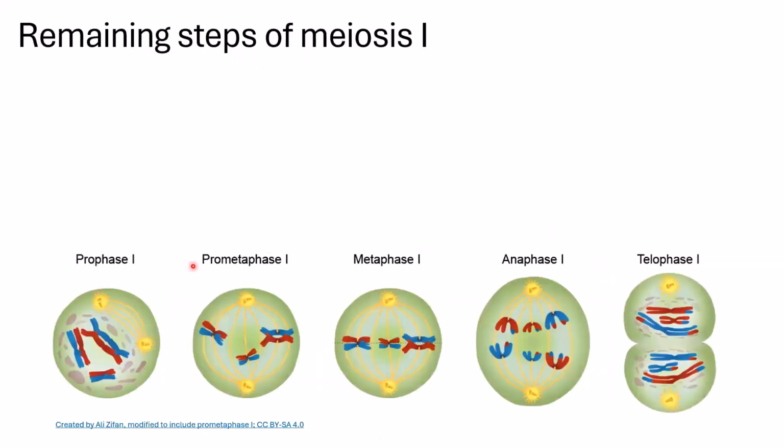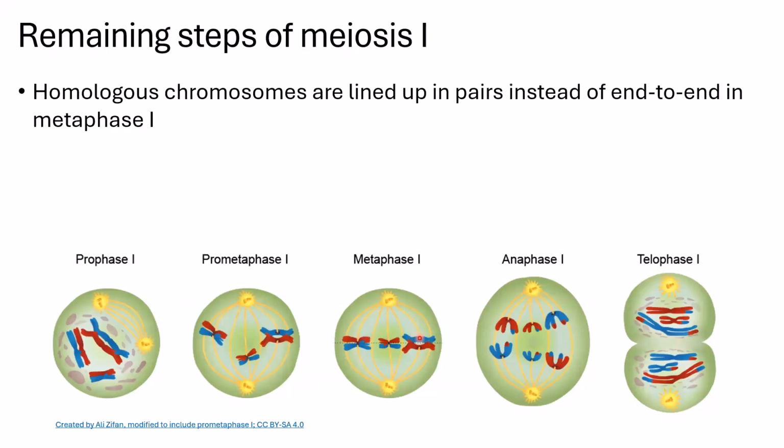The remaining steps of meiosis 1 are similar to mitosis, with a few exceptions. Like in mitosis, the nuclear envelope begins breaking down in prophase 1, and the mitotic spindles attach in prometaphase 1. However, at metaphase 1, the homologous chromosomes are lined up as pairs, instead of in a single file line of chromosomes.